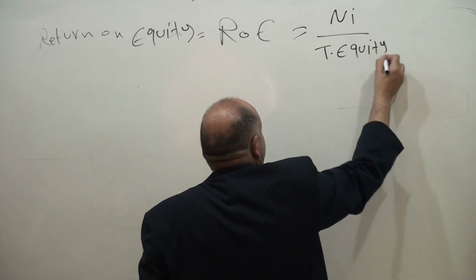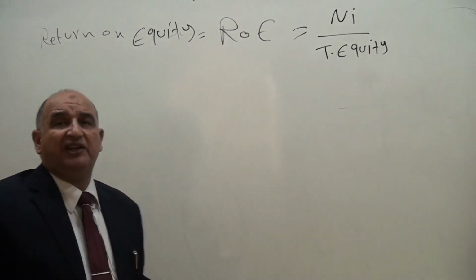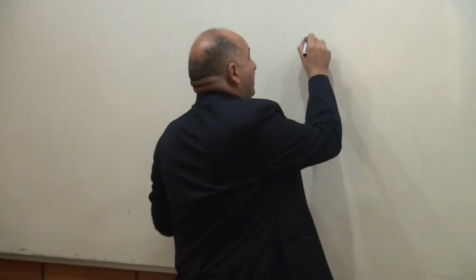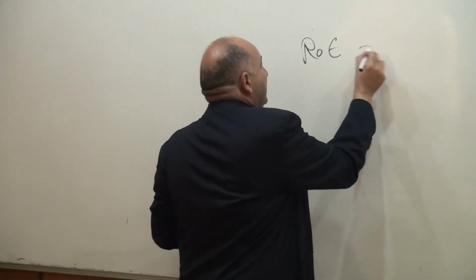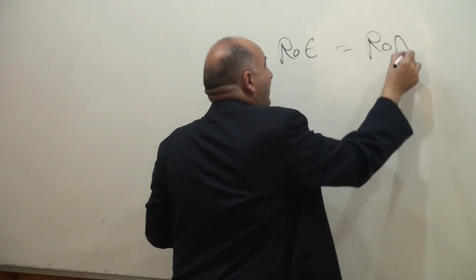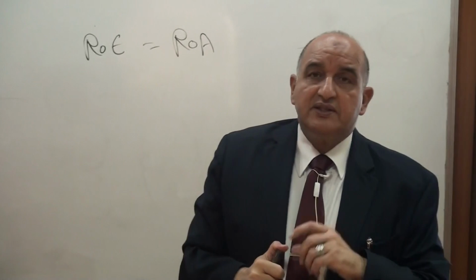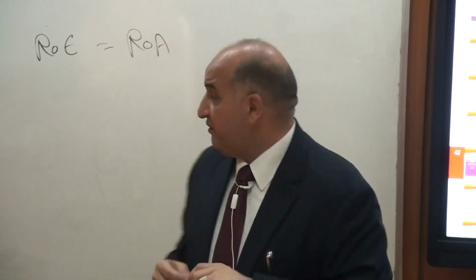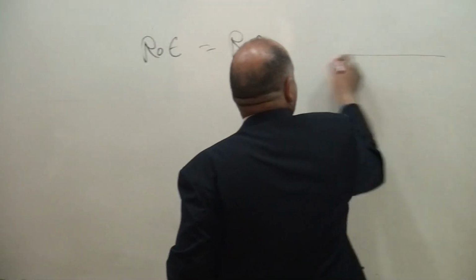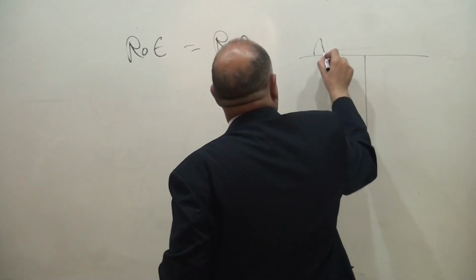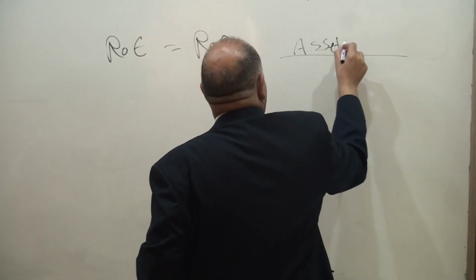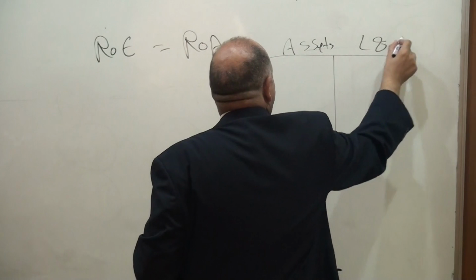Okay. If you are smart enough, when ROE equals ROA, this is to know: this is our assets, this is our liabilities and equity.